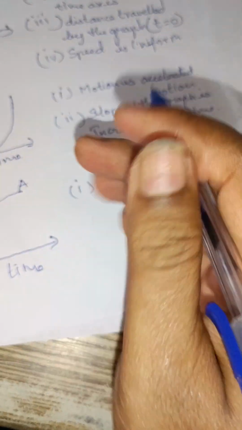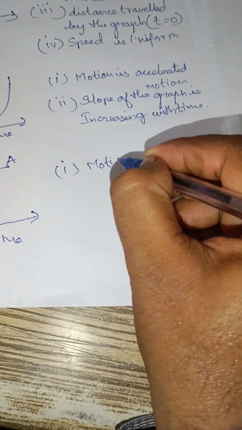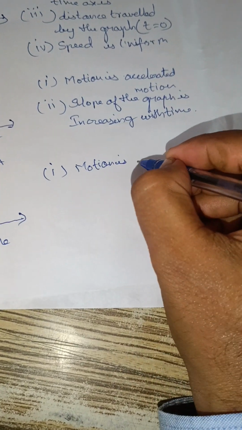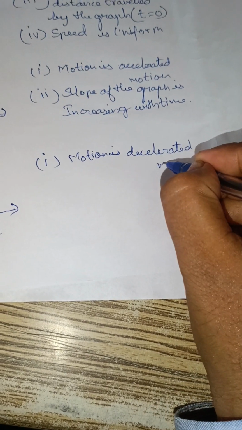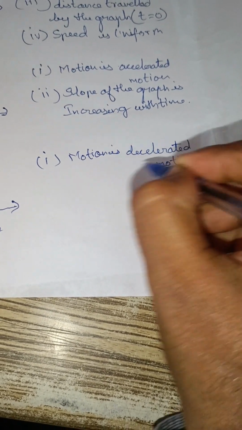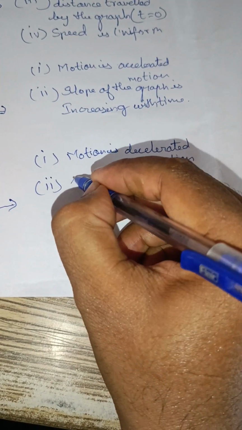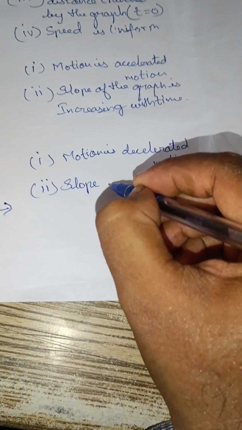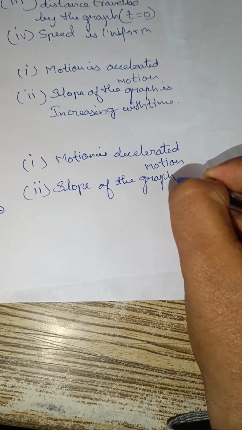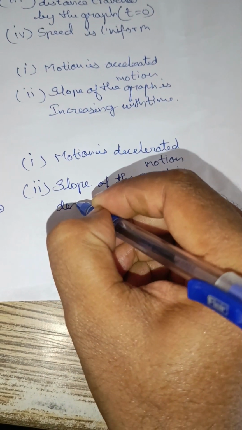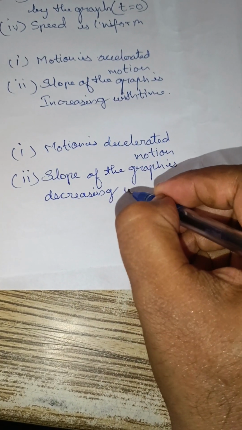With this I can say that the motion is decelerated motion, and the slope of the graph is decreasing with time.